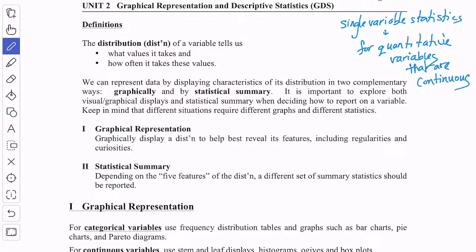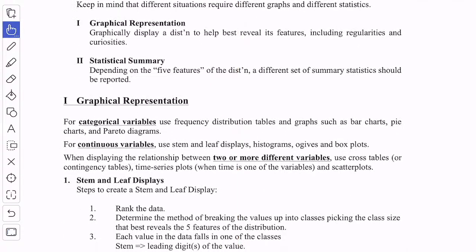Okay, so I taught you the difference between quantitative and qualitative or categorical so that you can distinguish what you can do. When it comes to categorical data, for graphical representation, you would use frequency distribution tables and graphs such as bar charts, pie charts, and something called Pareto diagrams.